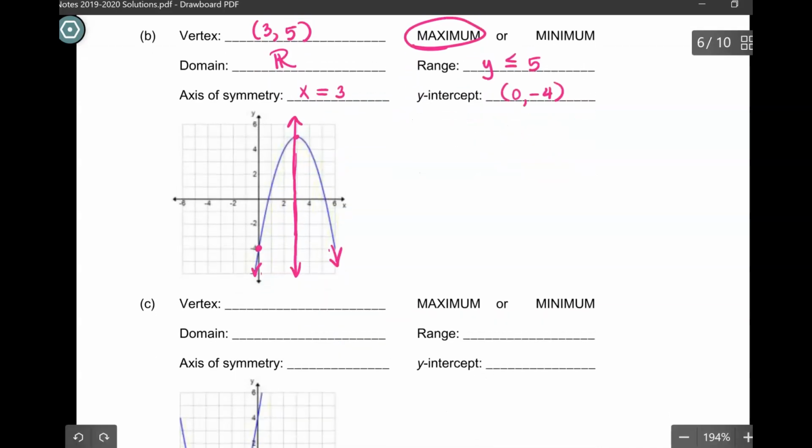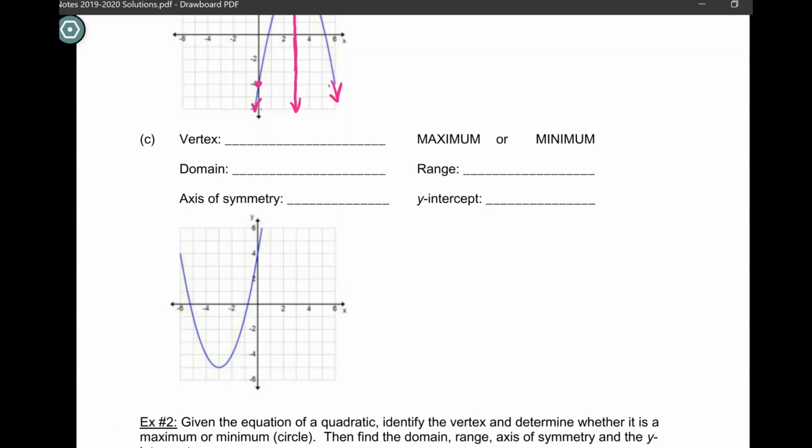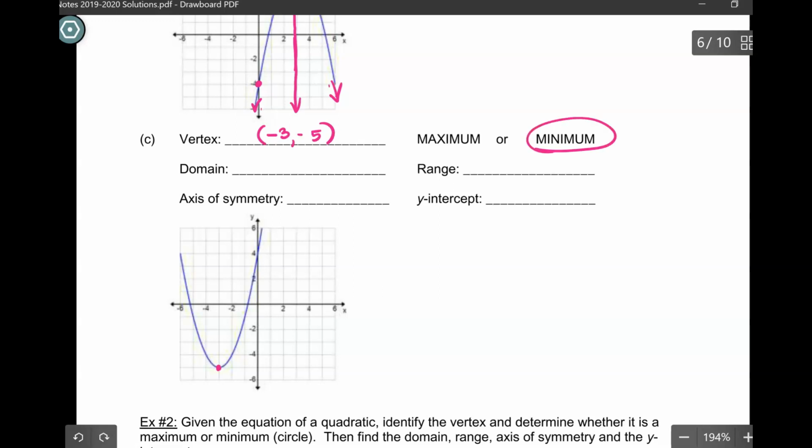Okay, maybe you want to try C on your own and then check back to see if you get the answers right. Our vertex here is at (-3, -5). It is a minimum because it's the lowest point. The domain is all reals.